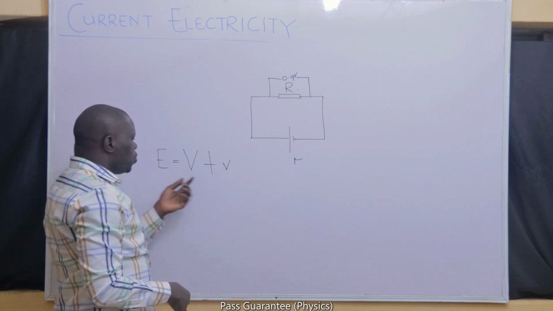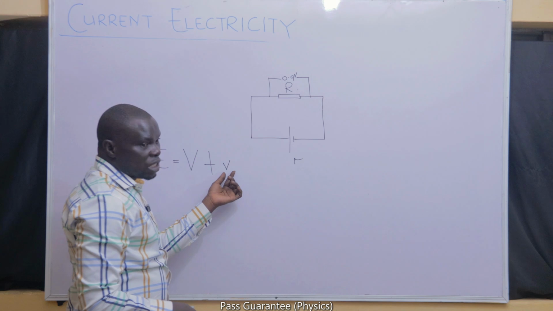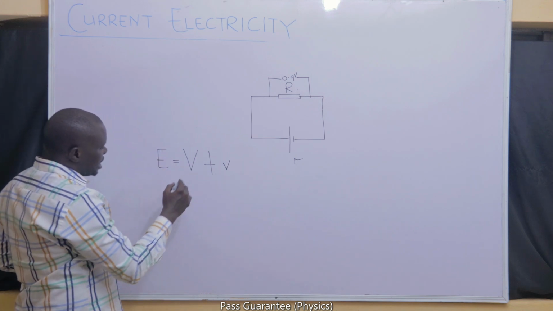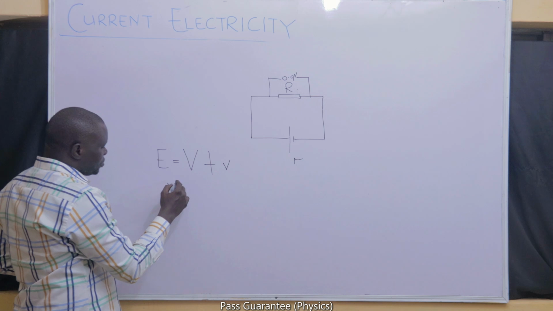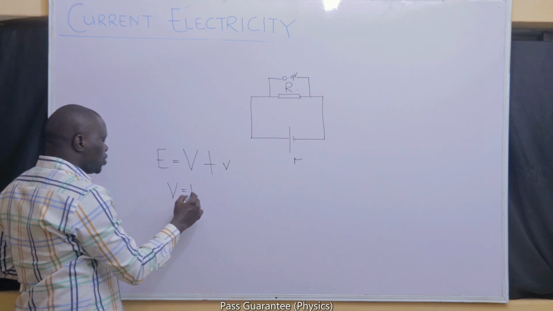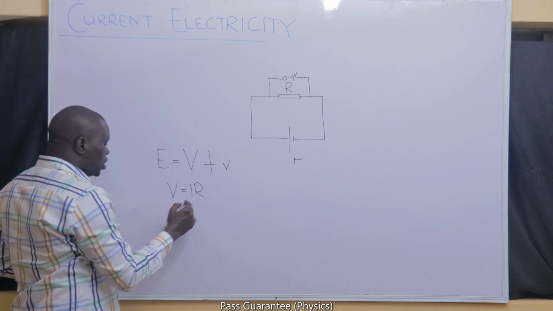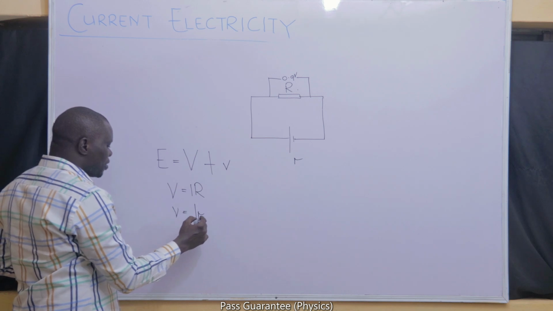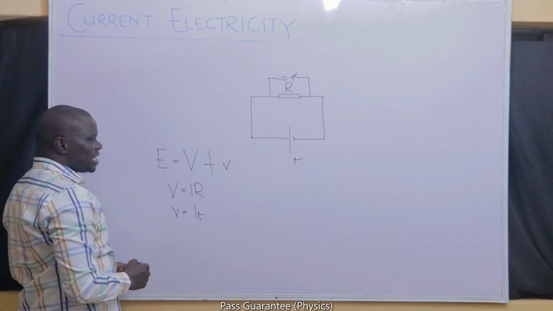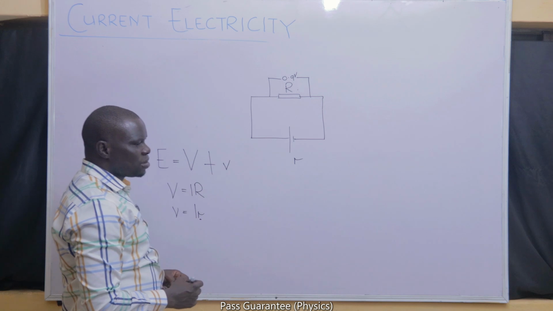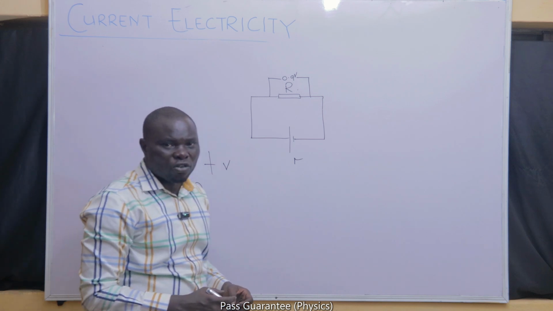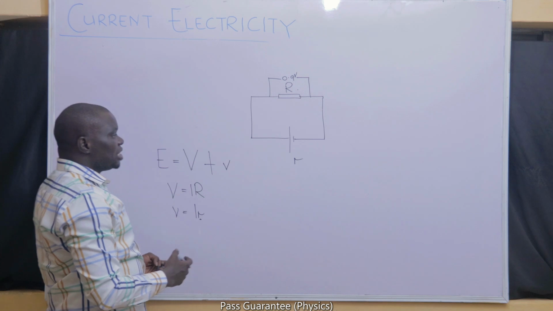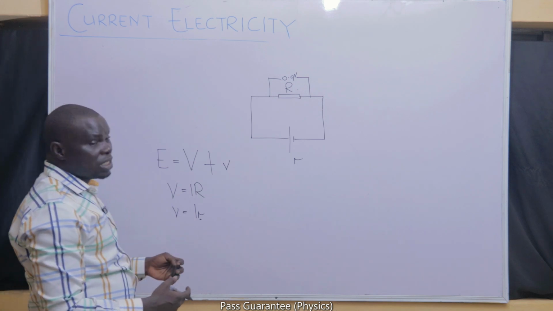We want a cell whose lost volts is as close to zero as possible. Remember that V is always equal to IR. The lost volt too will be equal to Ir, but that r now is for the internal resistance. Whatever the internal resistance takes out of your quantity is a lost value, because it is something that is unaccounted for, something that is undesirable.